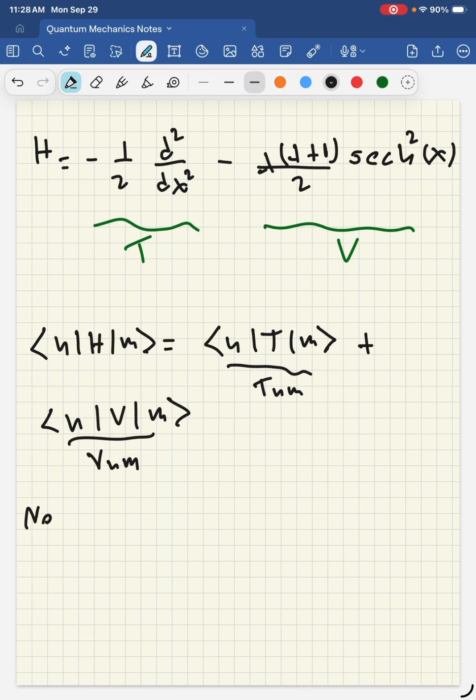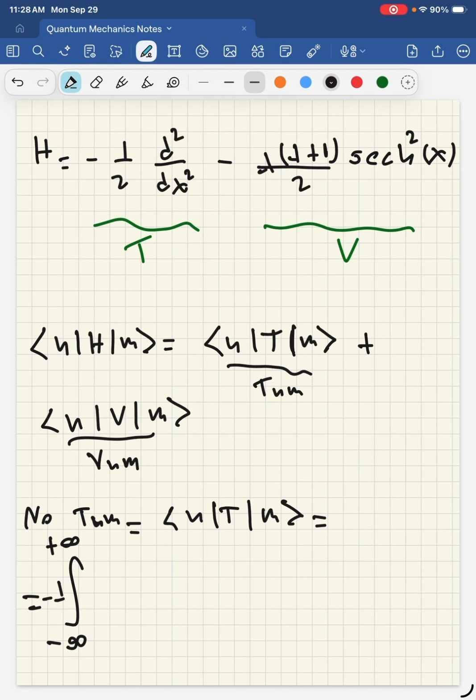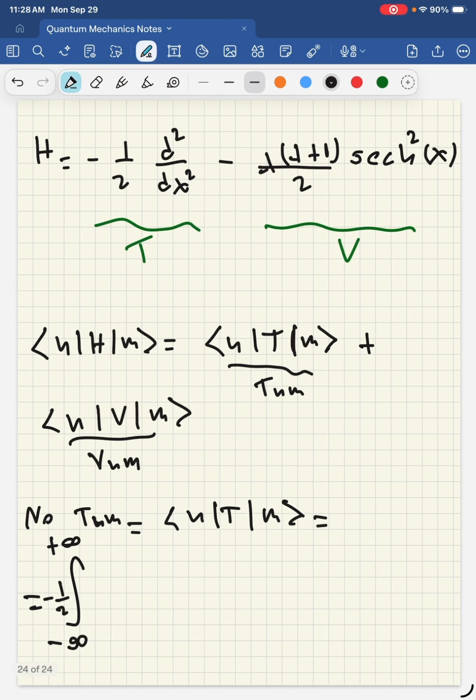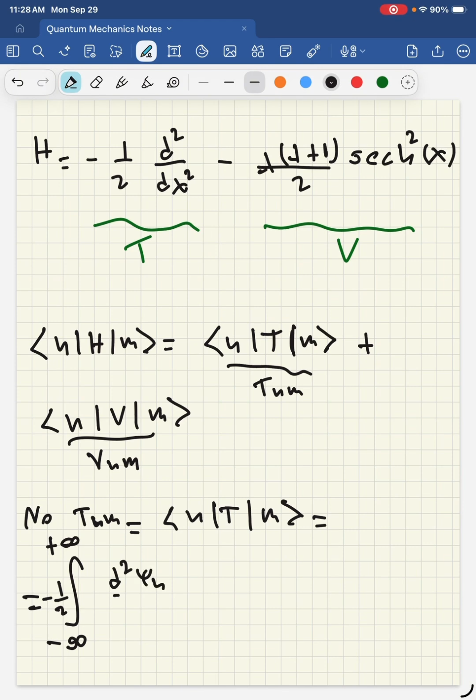Now T n m, this matrix element, is equal to this expression, which is equal to the integral from minus infinity to plus infinity of minus 1/2, I pull it outside, times the second derivative of Cn over dx squared times the function Cm of x dx. That's it. This is what that matrix element is.